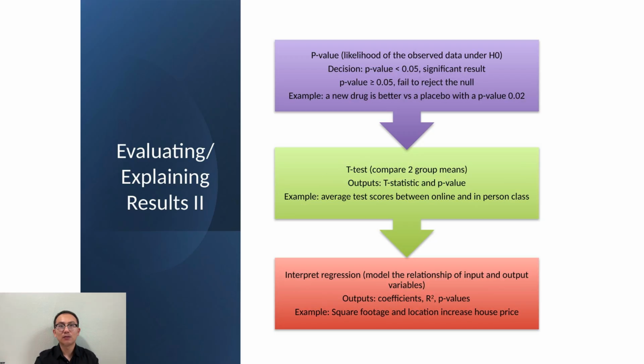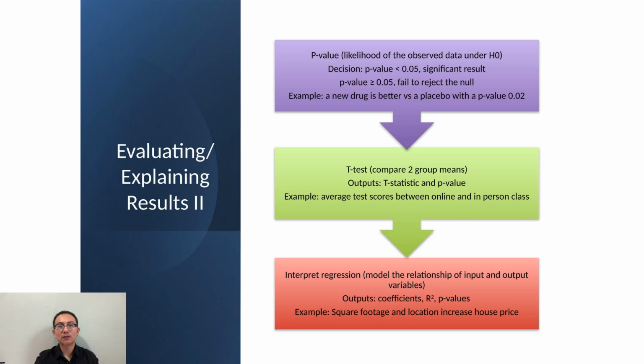A p-value helps us decide whether the results we see are likely just due to random chance or if they suggest a real effect. If the p-value is low, usually less than 0.05, that means the result is unlikely to be random. We say it's statistically significant, and we reject the null hypothesis, which is the idea that there's no effect.